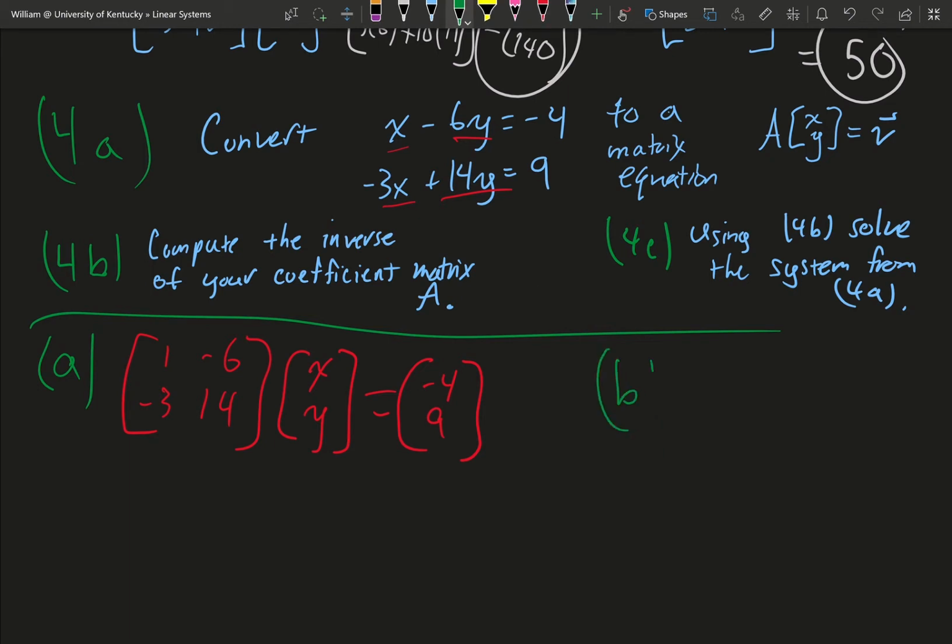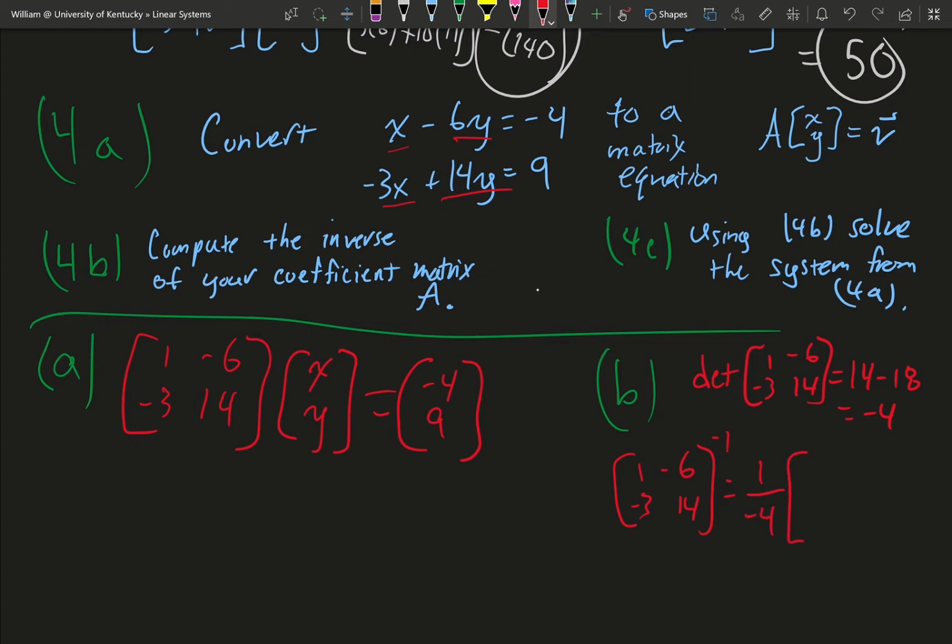For part B, we need to first compute the determinant. So it's going to be 14 minus negative 6, negative 3 minus 18. So the determinant is negative 4. And using that, we get our answer. It's going to be 1 over negative 4, our determinant.